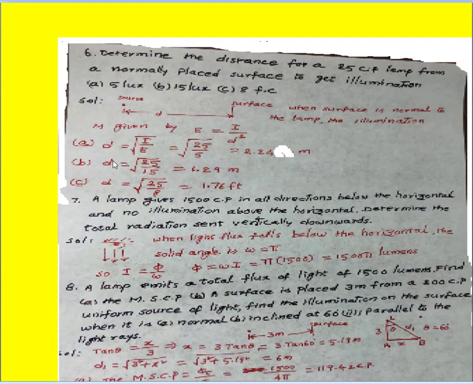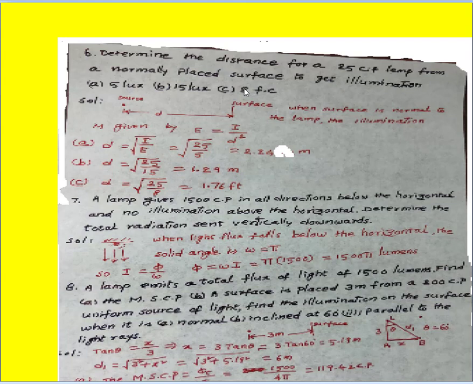So use the same formula, D is equal to root of I by E. I is already given, that is 25 cp, and E is also given, that is 15 lux. So root of 25 divided by 15, we get 1.29 meters.